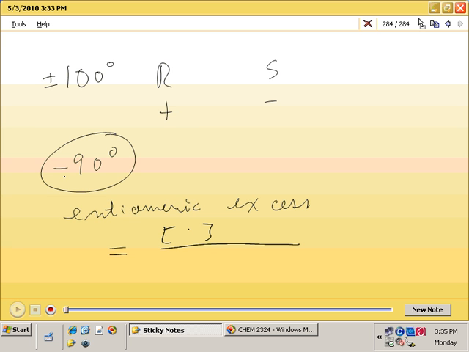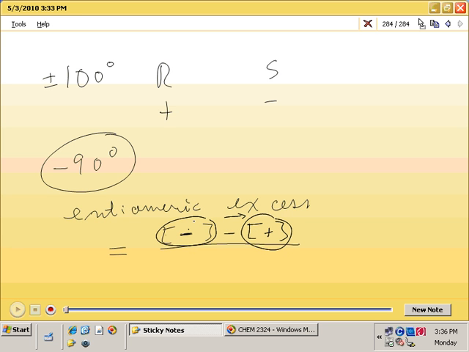Well, in this case I have more of the minus, so I'm going to take the concentration of the minus, and you subtract the concentration of the plus, because in this case you have more of the minus than the plus. That's why you're getting the 90 degrees. Because if you had pure minus, you should have gotten 100 degrees, but because you have some plus in there, you must be canceling the rotation of the minus with some other plus.